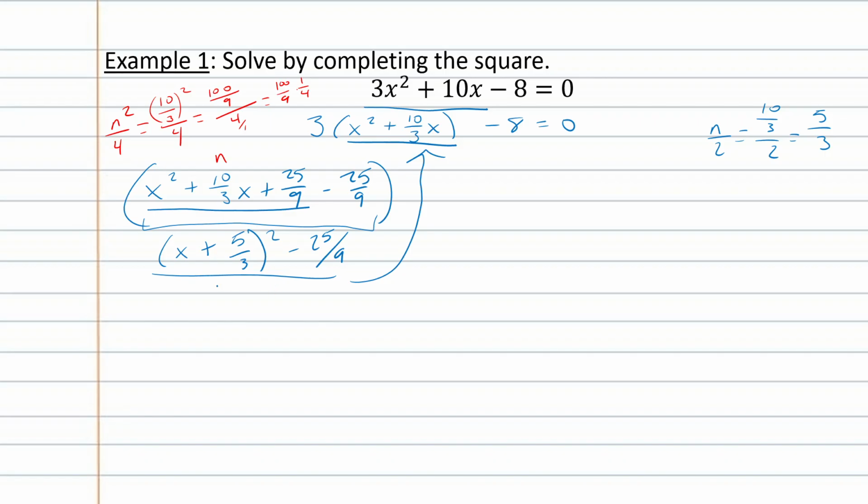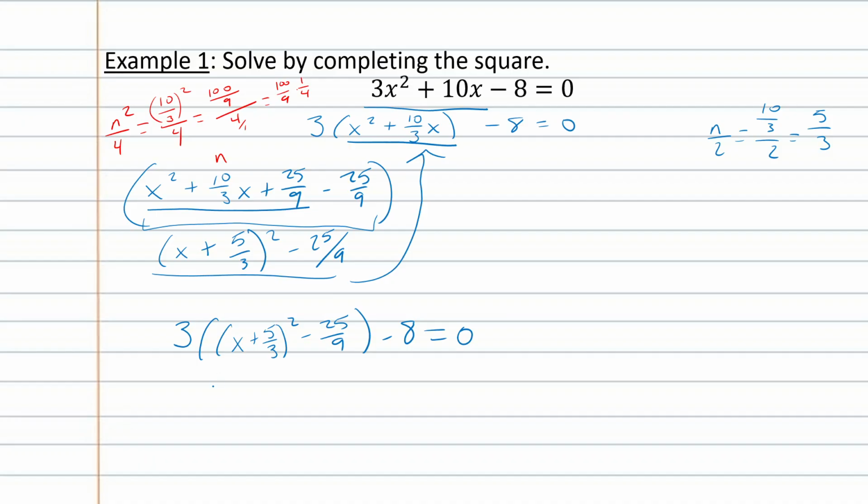All right, so now we're putting this piece back in here. So it's going to look like 3 times x plus 5/3 squared minus 25/9 minus 8 equals 0. Now we'll do it just like we did when we completed the square.